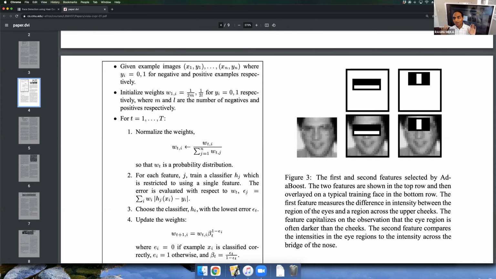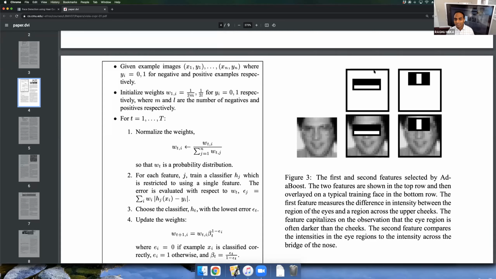They said, okay, I don't know how to detect faces, but let me do something very simple. I'll try to detect eyes in the following way. I'll try to look for a box where the top portion is darker than the bottom portion. Like a small rectangle where the top half is darker than the bottom half.